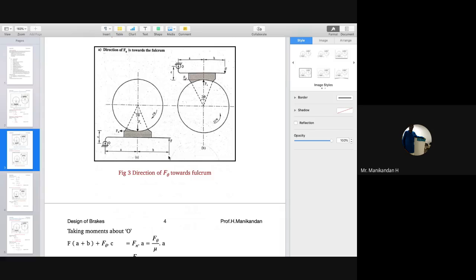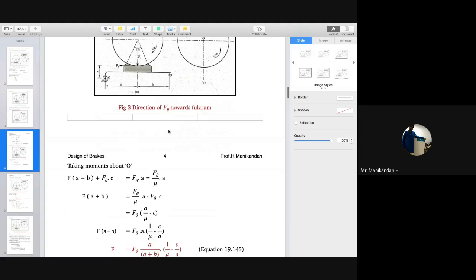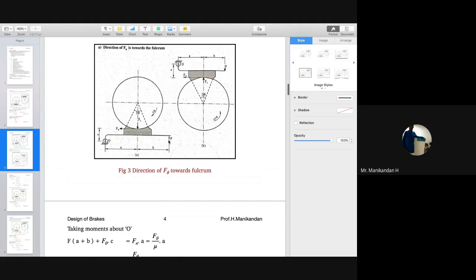If you take moment with respect to O, F into A plus B plus F theta into C is equal to Fn into A, because both are going to be counterclockwise moments.